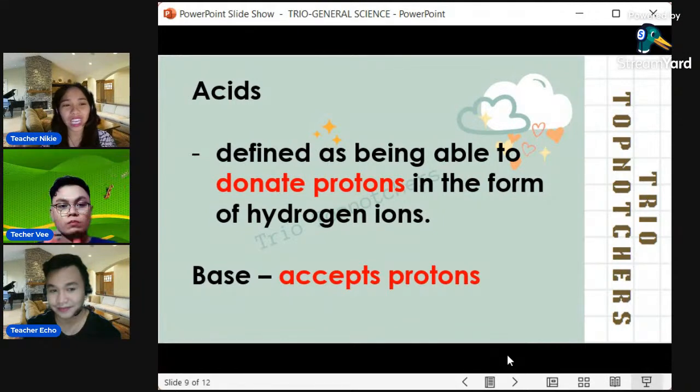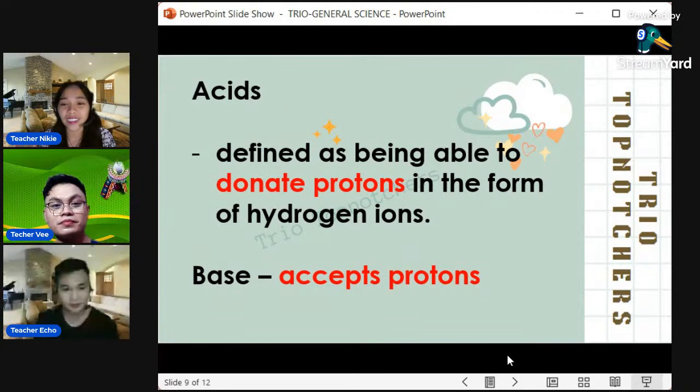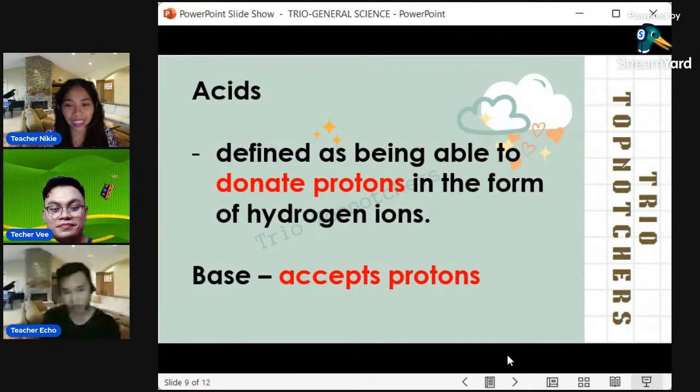So, yung base dyan, meron siyang letter na A. So, yung ginagawa ko, accepts protons. Ganon, no? So, base, accepts protons. And acid donates protons. Ganon lang, no? Yung mga technique natin dyan, kasi marami tayong kailangang pag-aralan. Okay? So, para hindi ma-mental block at hindi makalimot.